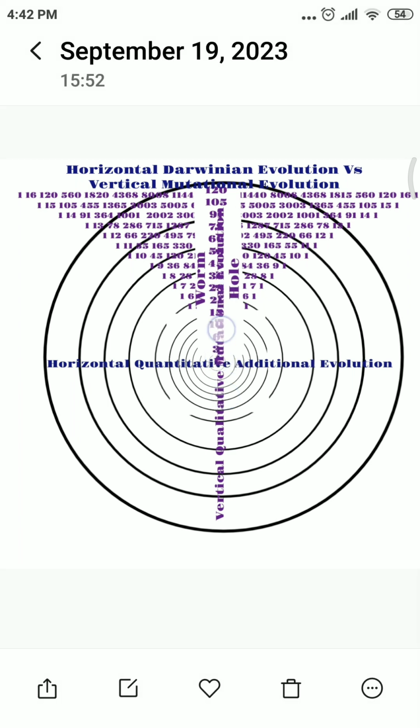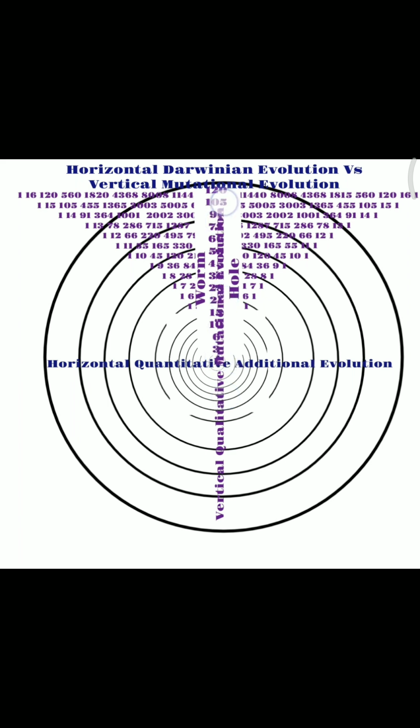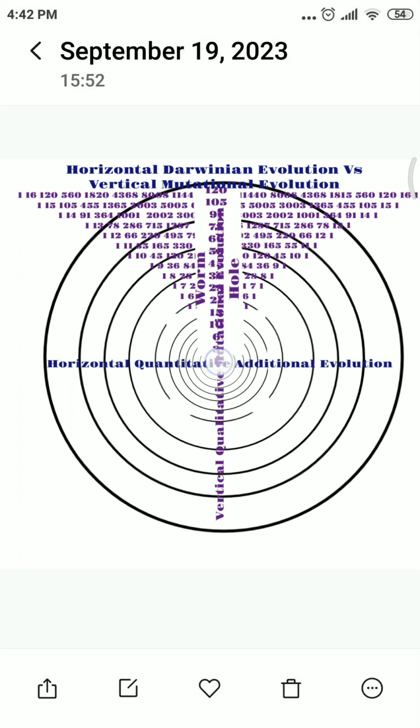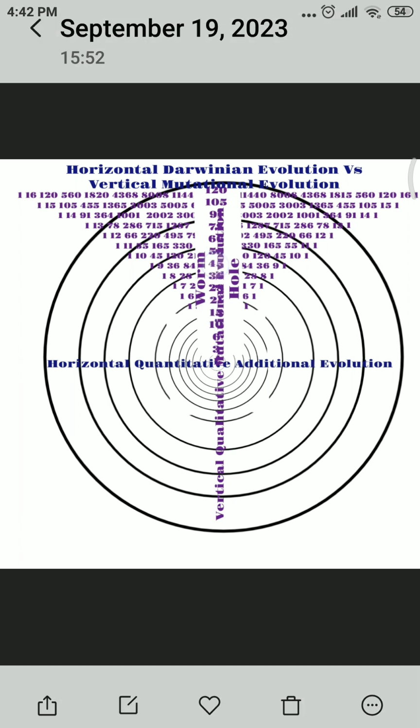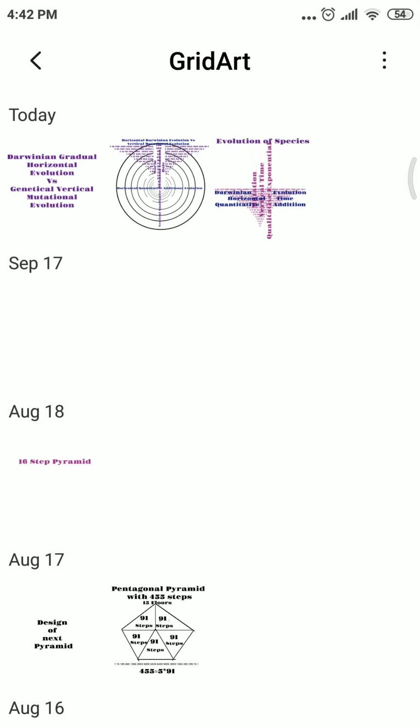This is ascension, the path of ascension. So it also ascends at the same time. So this is called the vertical path.